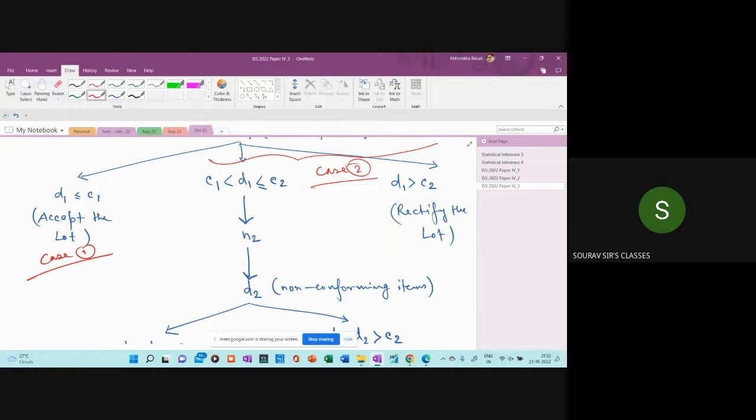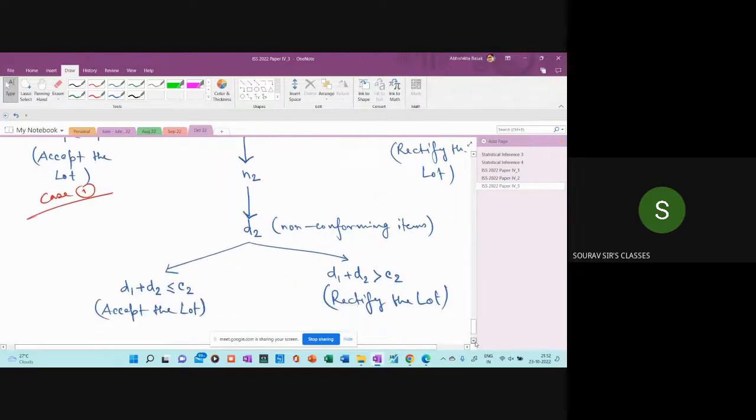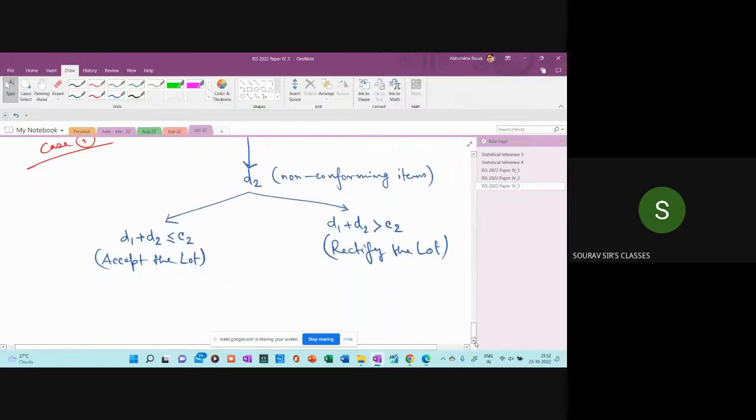But if d1, the number of defectives, lies between c1 and c2, that is, it is greater than the allowable number of non-conforming items set for the first sample, but less than the allowable number set for the joint sample, then we go for d2, and the total number of non-conforming items is d1 plus d2.